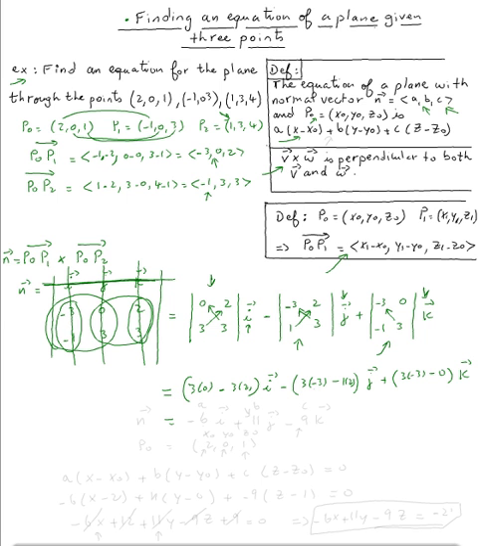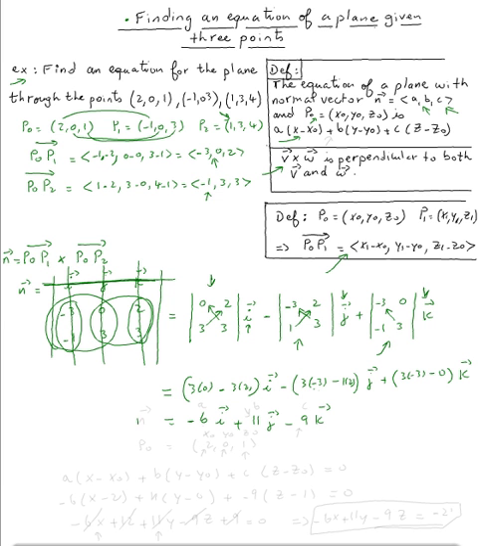Now this is going to be equal, 3 times 0 is 0, so minus 6i, minus, inside will be minus 9 minus 2, minus 11, so it's plus 11j, and this will be minus 9k.